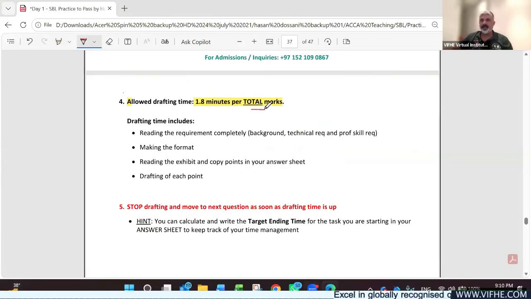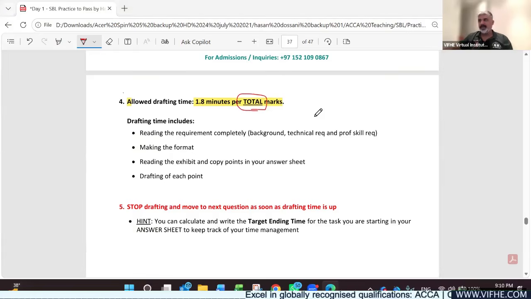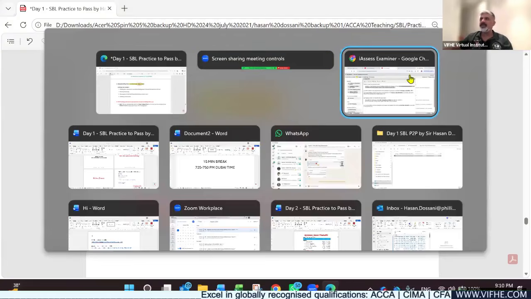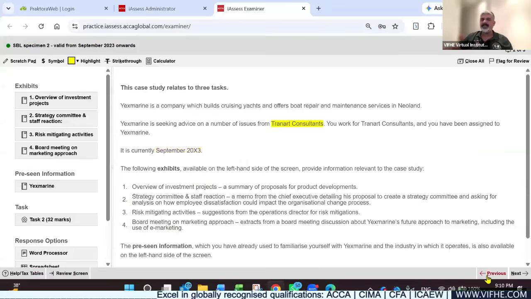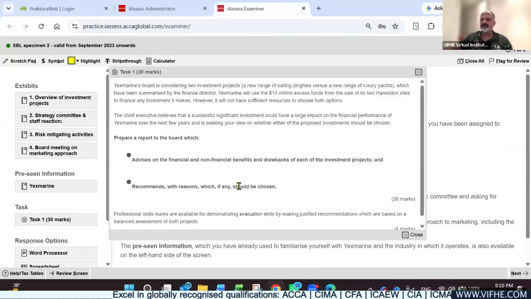This word is important, total marks. So, what do I mean by total marks? Let's open task number one.